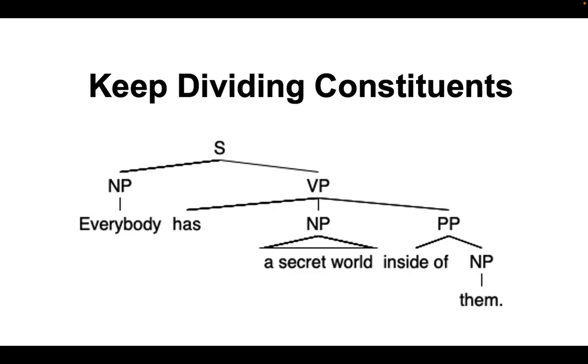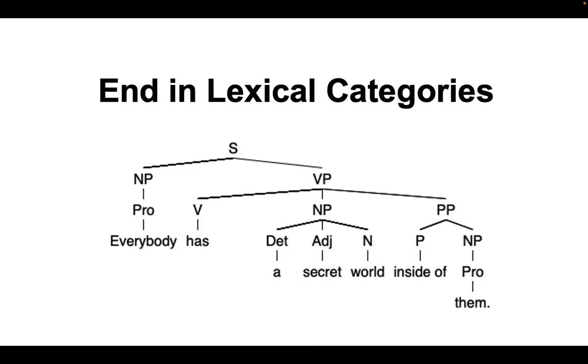And so the last thing that we need to include in the syntax tree is, as we talked about earlier, the lexical categories of each individual word. And so those need to be included in the tree. Those are going to be just above each of the individual words in the tree.